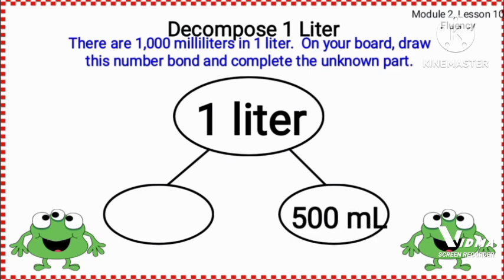500 milliliters is correct. 300 milliliters. 600 milliliters is correct. 400 milliliters. 700 milliliters. 250 milliliters. 350 milliliters. 650 milliliters is correct.